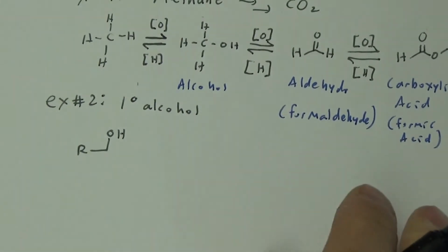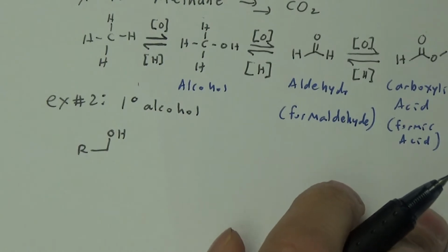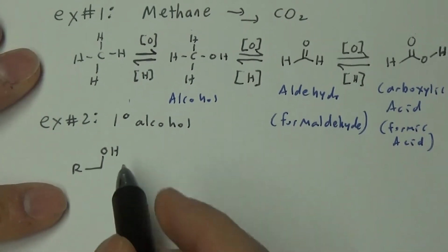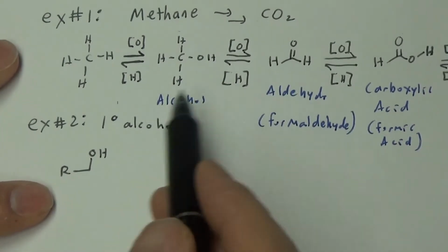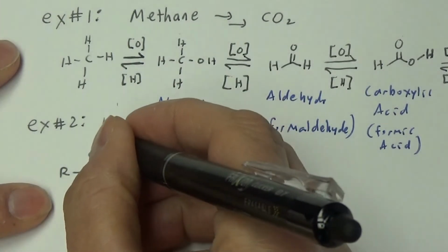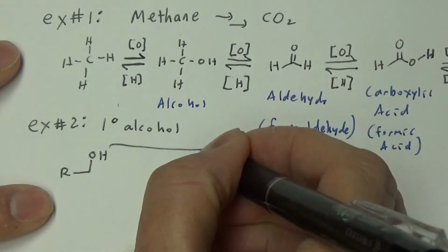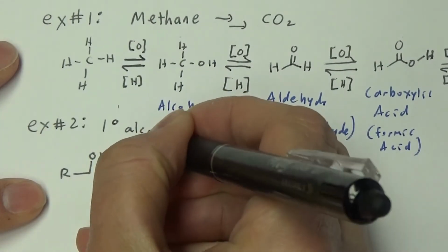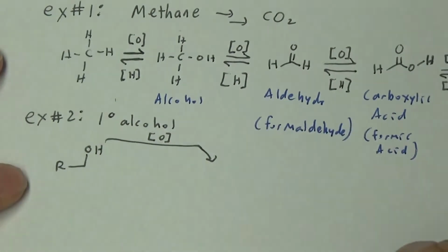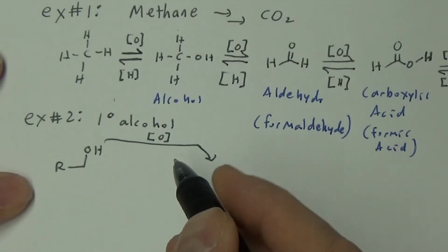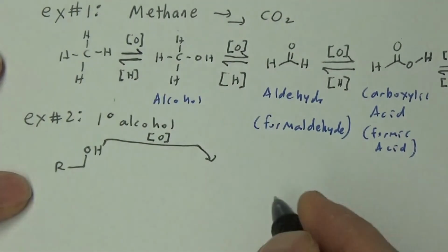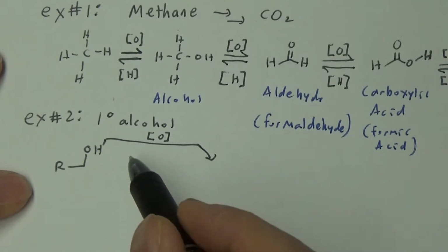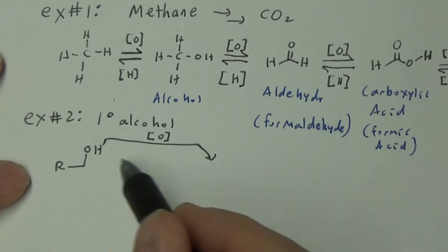Can that be oxidized? I'm going to draw the oxidation and reduction reactions a little differently in this case. Can we oxidize a primary alcohol to something higher, and what would it be?